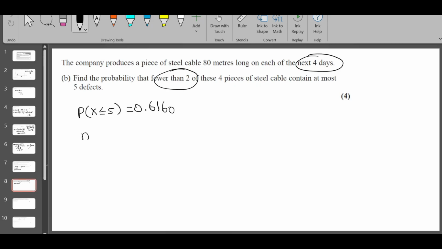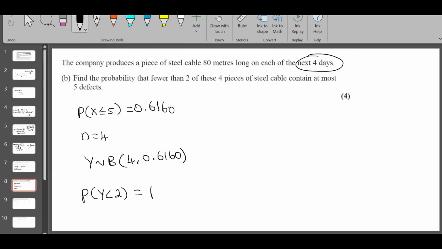Now they are producing the cable for 4 days. So it's a binomial distribution. Y follows binomial distribution of 4, comma, the probability of success. They want us to find fewer than 2. So Y is less than 2 is the same as Y is less than or equal to 1.